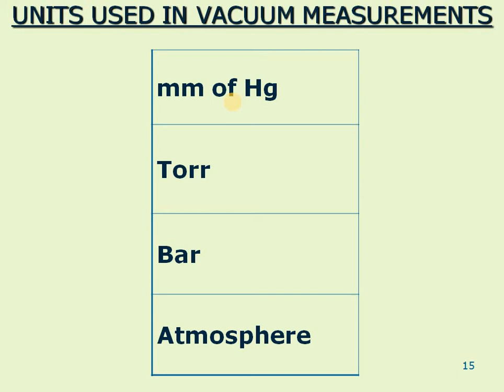There is a subtle difference between 1 bar and 1 Pascal. 1 Pascal is actually 1 Newton per meter square. Oh, sorry, 1 bar is 10⁵ Newton per meter square. And 1 atmospheric pressure is equal to 760 millimeter of mercury. These are all units used in vacuum technology in different contexts.